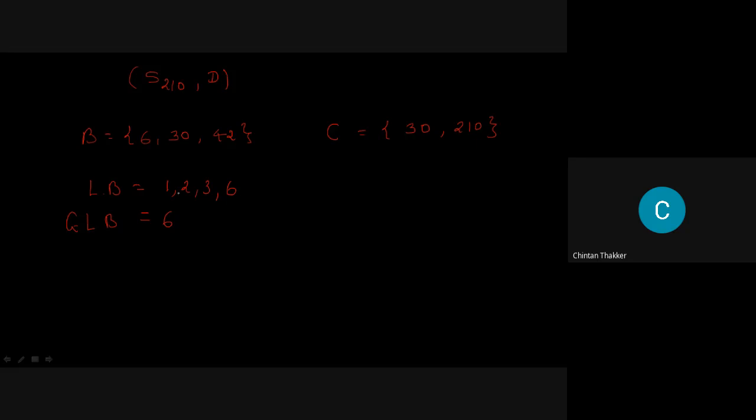Now, which are the lower bounds? Remember, we have to take the elements from S210, not from N. You have to take the elements from S210. Which are the lower bounds here?